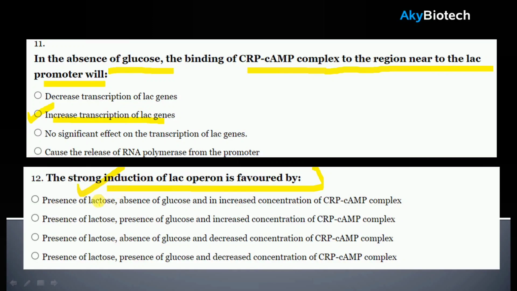It needs the presence of lactose, the absence of glucose, and an increased concentration of CRP-cAMP complex.